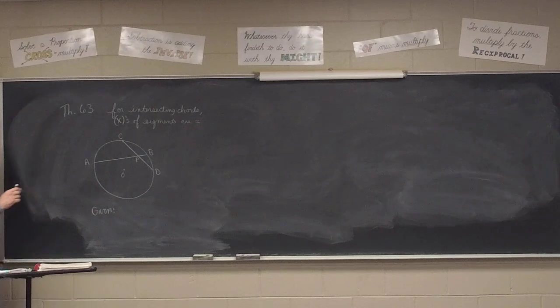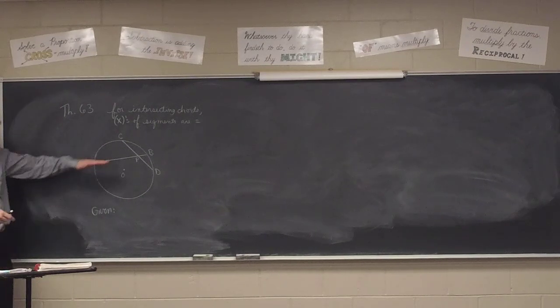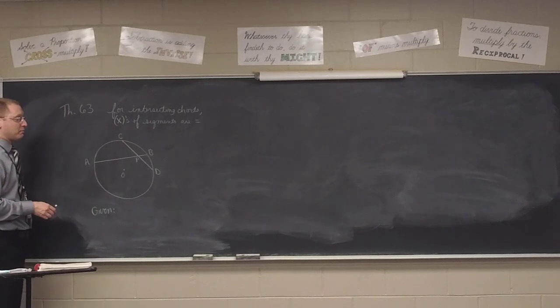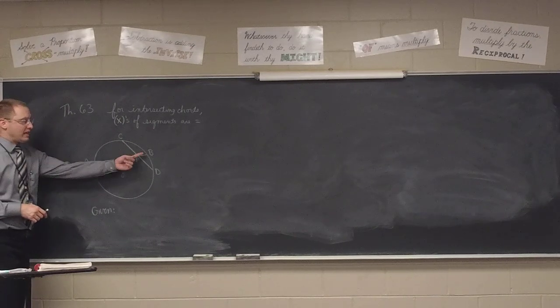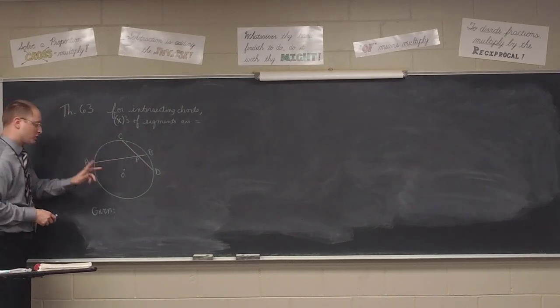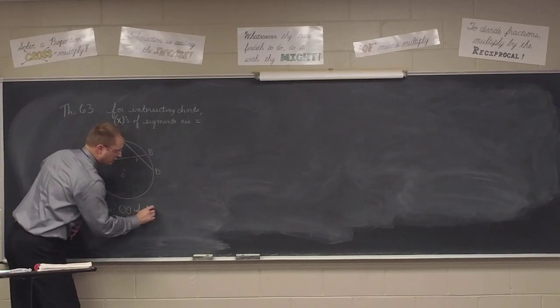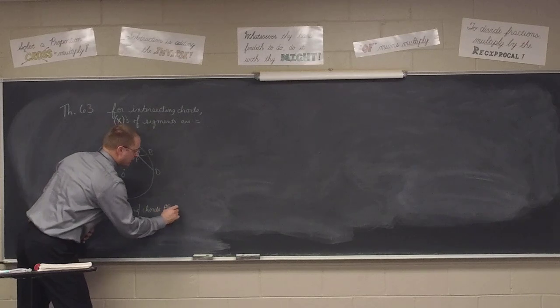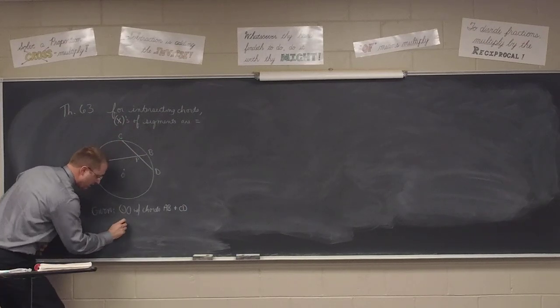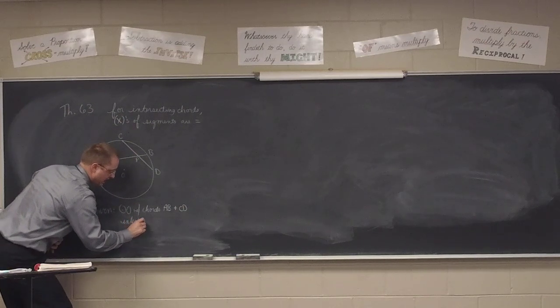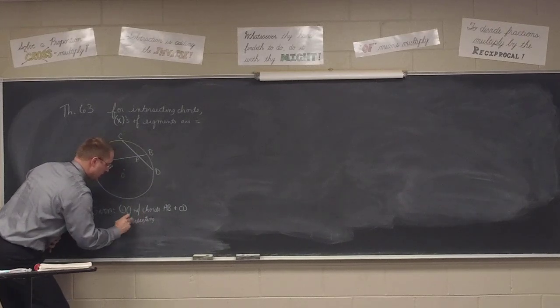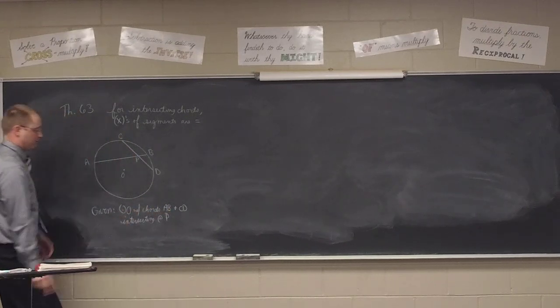The theorem again says, if two chords intersect within a circle, that's what we have, AB and CD intersecting at P, then the product of the segments of one equals the product of the segments of the other. So we're given, of course, a circle, Circle O, with chords AB and CD intersecting at P. So that's the given.